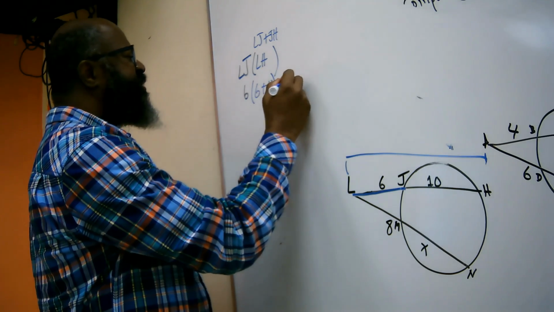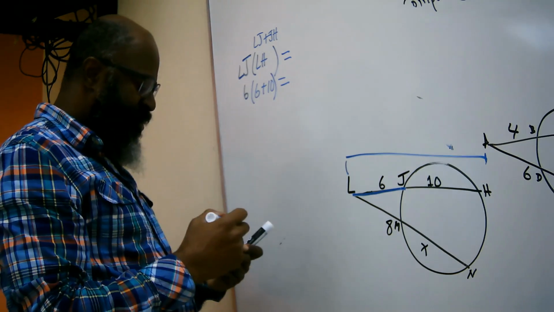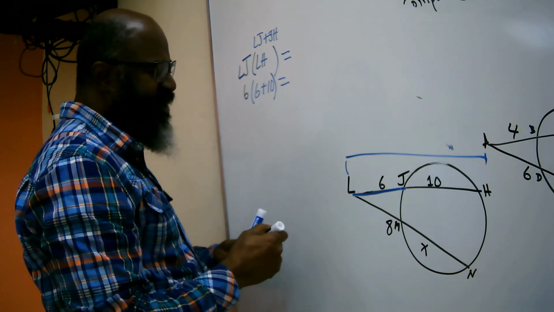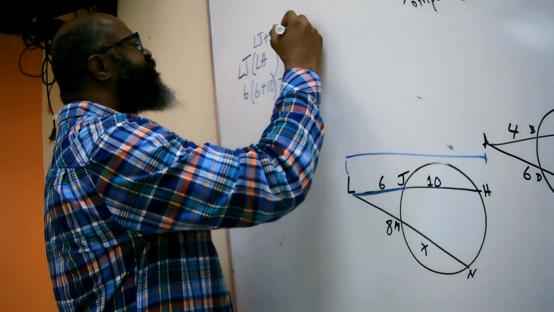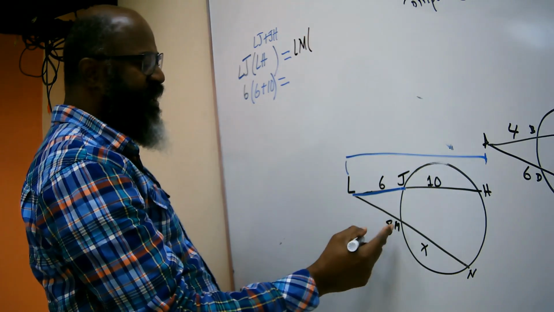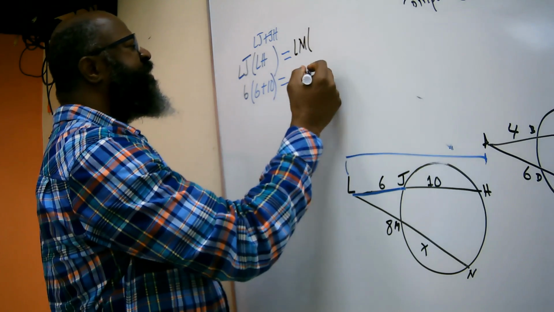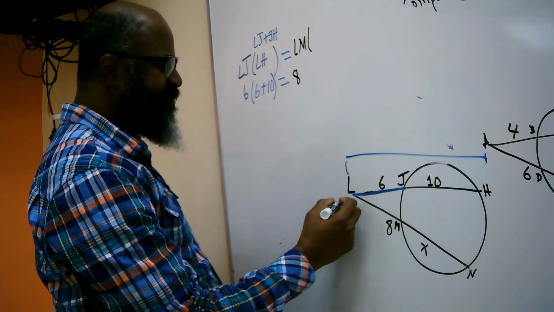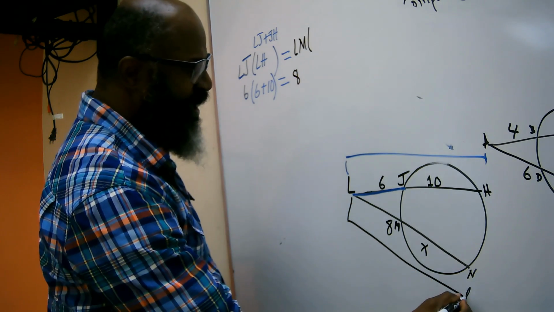You're done with that secant, which is equal to the other secant. The external part is LM. In this case, LM is 8. You replace 8 times LN.